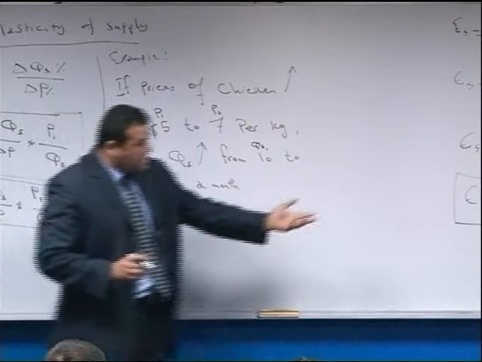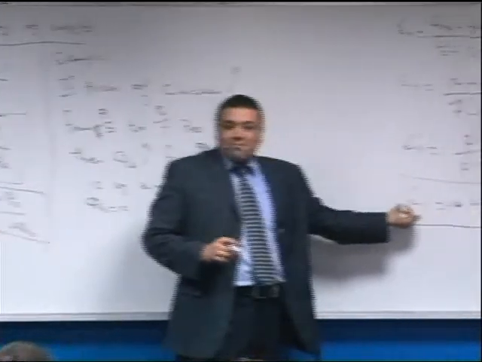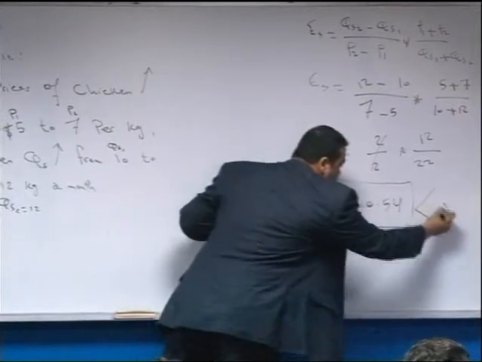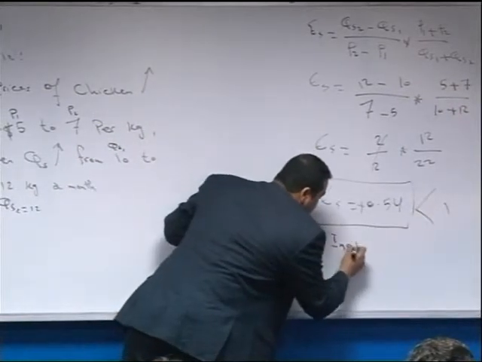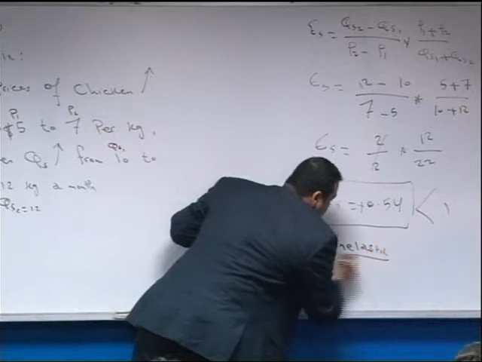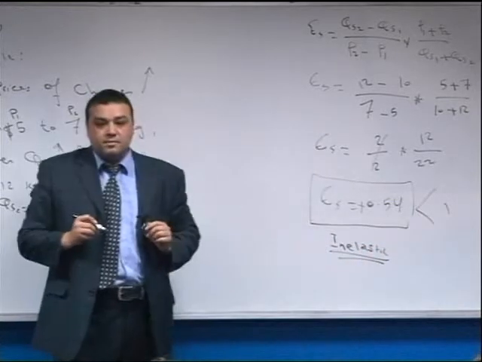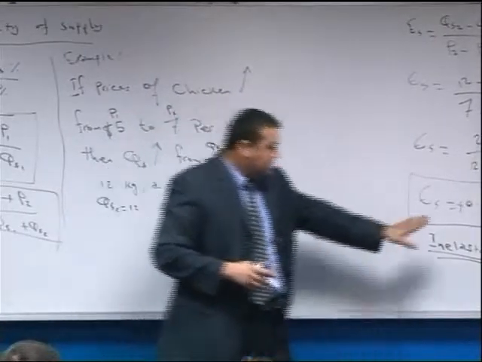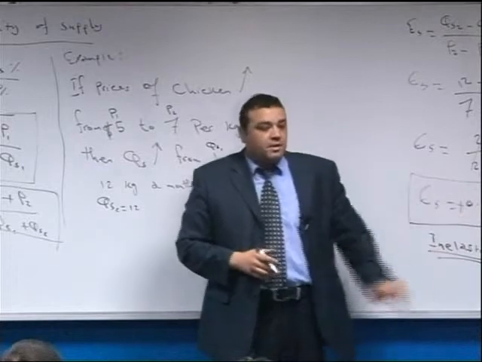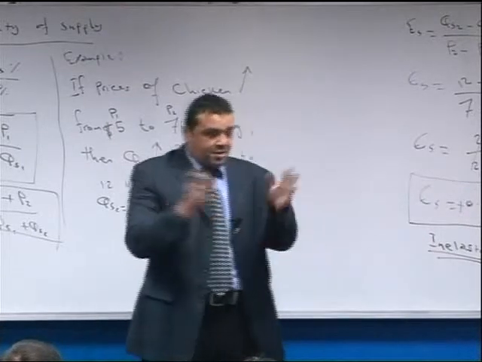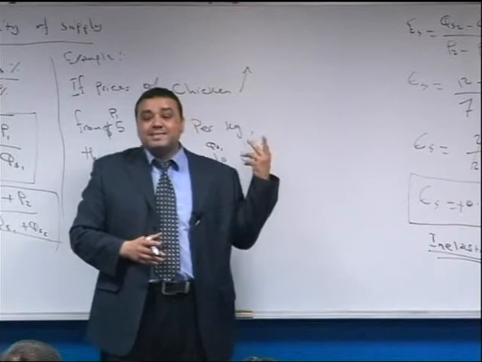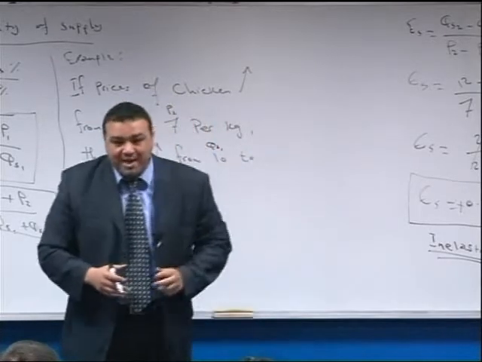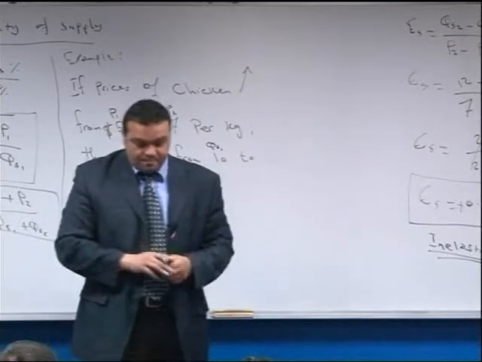In this case, when the price elasticity of supply is less than 1, supply is inelastic. It's quite similar to the price elasticity of demand. The difference is in the sign: the price elasticity of demand was negative, but the price elasticity of supply is positive.